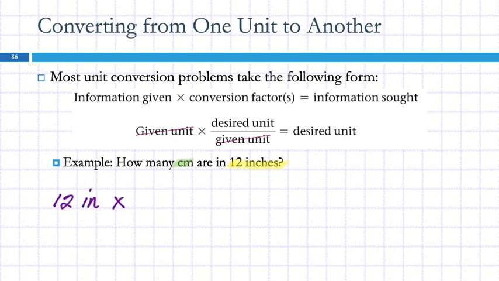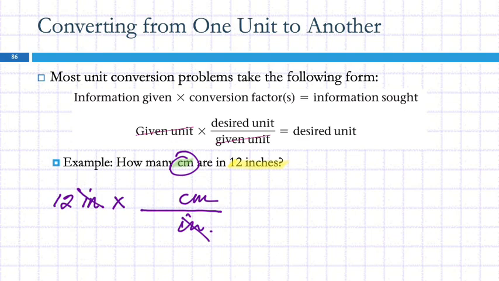What I want to do is I want to multiply by the unit I'm trying to get, and I'm going to divide by the unit I was given, because inches divided by inches cancels out, right? So we put the units in first, and then the units tell me where the numbers go.